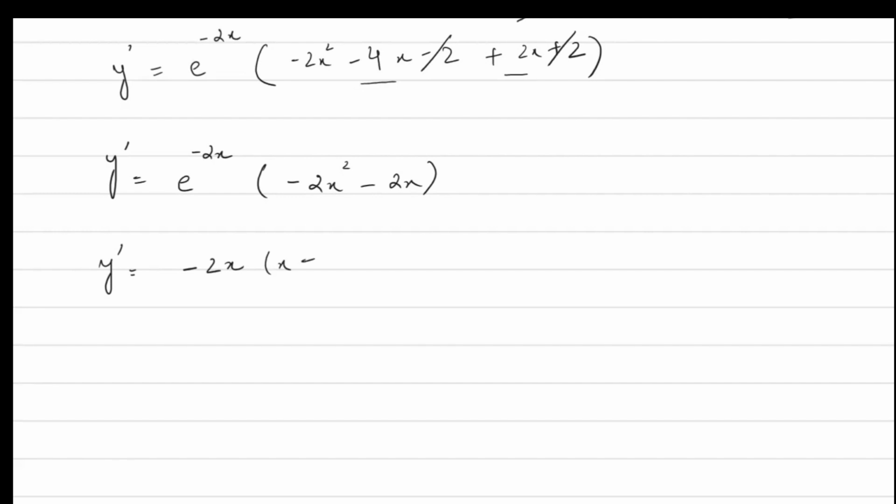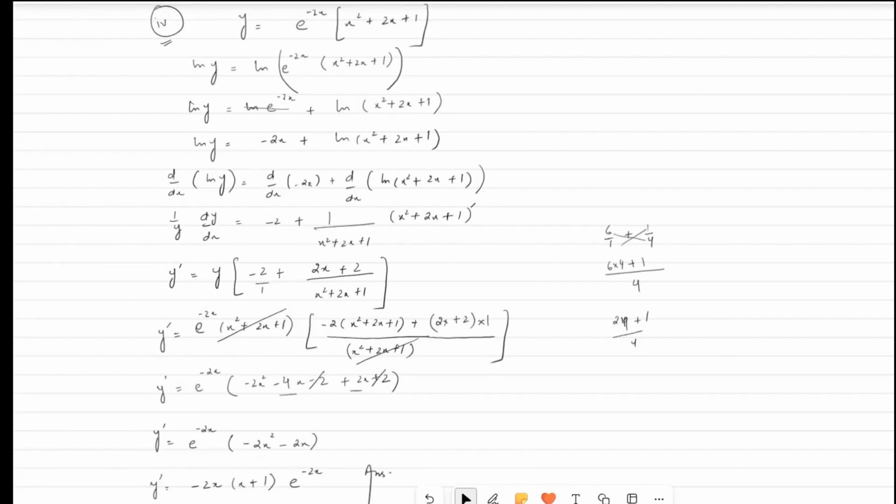So here it would be x plus 1 e raised to the power minus 2x. And this would be the answer of this fourth part. This is the complete fourth part of question number 2.